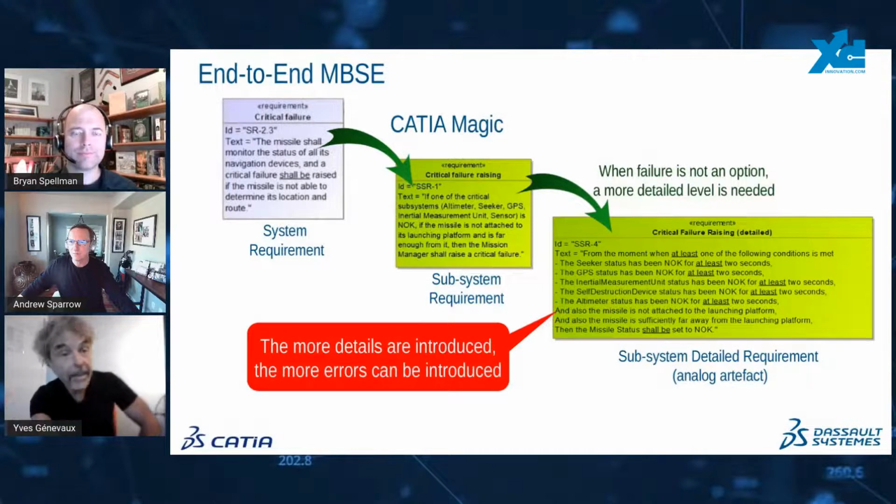And to some extent, and that is actually the funny thing, it's exactly the example which is on the bottom right here. When you have a pretty complex critical system to develop, you've got to be more precise than what you see in the middle with the subsystem requirement.